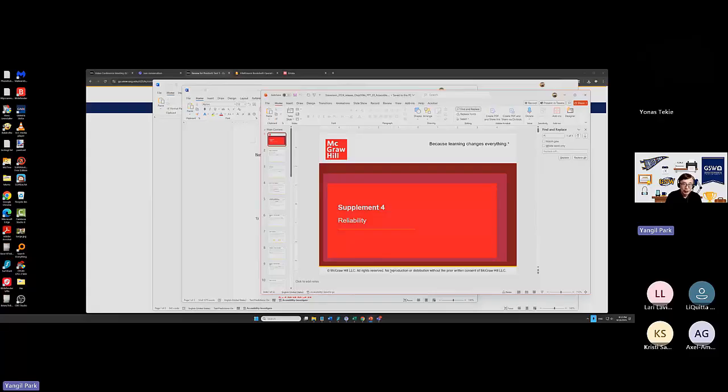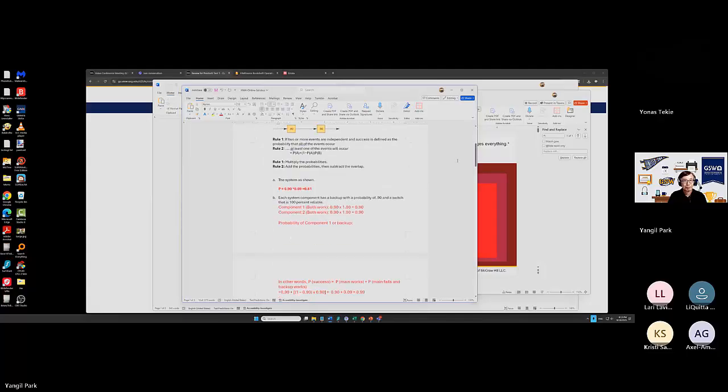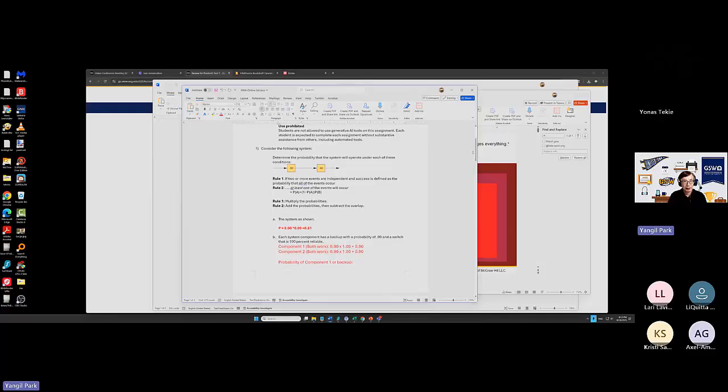I pretty much focus on reliability, which is supplemental to chapter 4, rather than the main chapter 4. So all questions are from 4S, reliability.